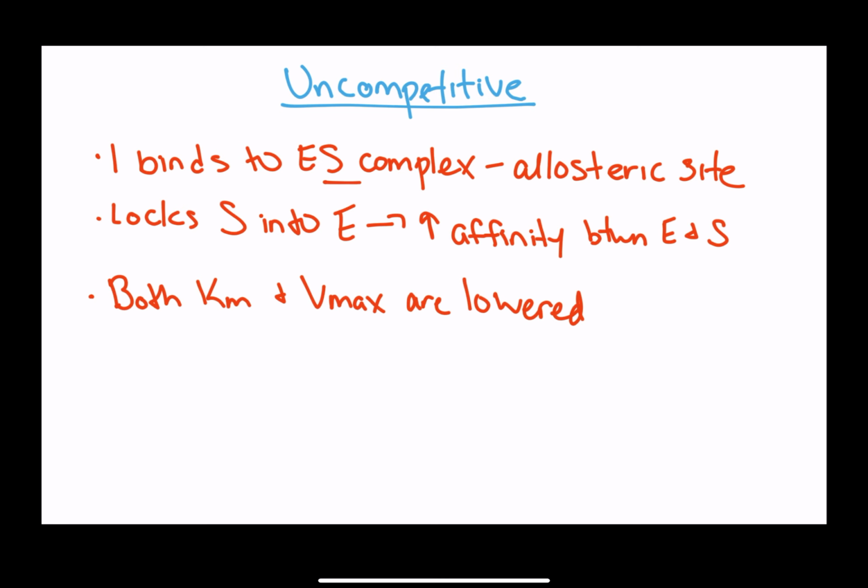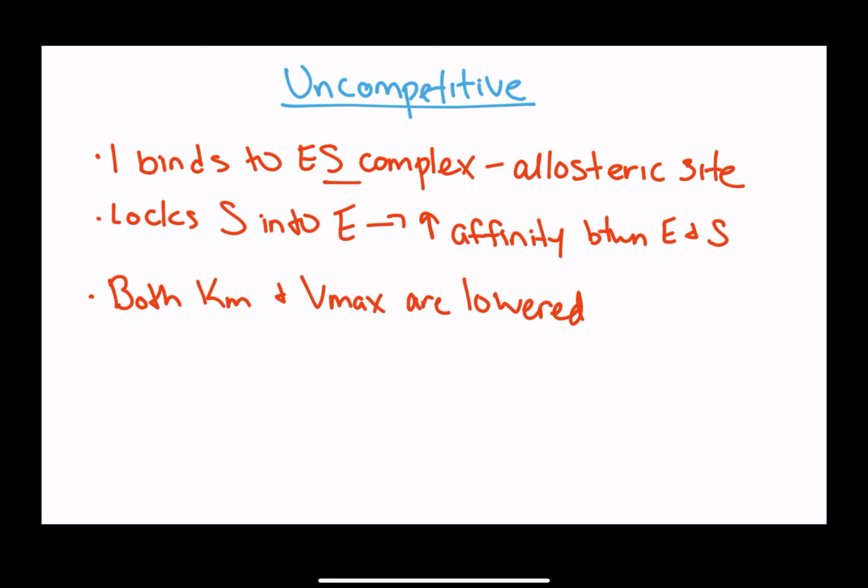So the equilibrium is shifted to the enzyme substrate inhibitor complex, which means that the affinity is increased, which reflects in the Km being decreased. And the Vmax is lowered because that substrate is locked into the enzyme.